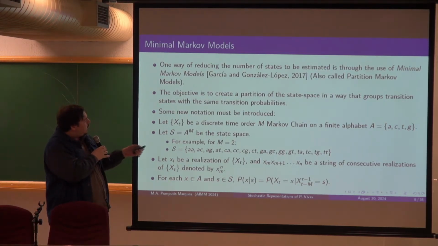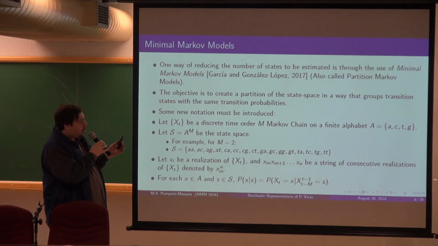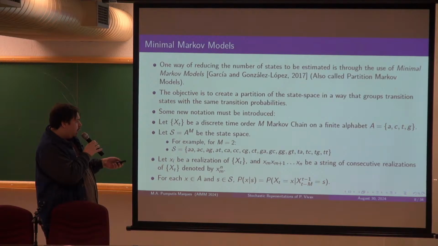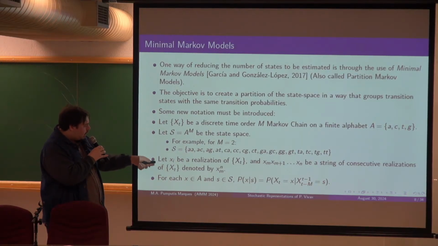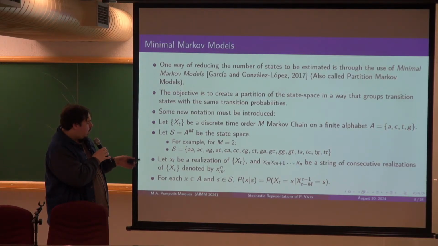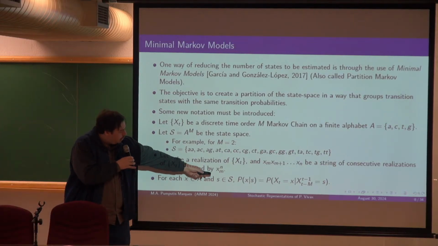Let's assume that S is equal to A raised to M, the state space. For example, for M equals 2, we have all the possible combinations of the 4 nucleotides: AA, AC, AG, AT, etc. Let x_i be a realization of the stochastic process, and x_m to x_n a string of consecutive realizations of this process, denoted by x from m to n.